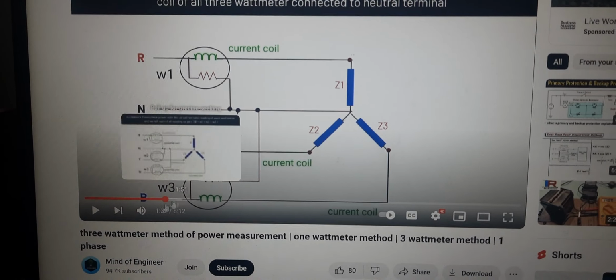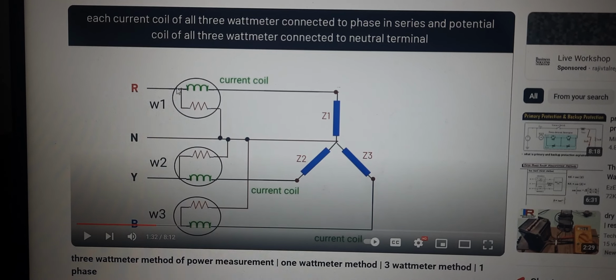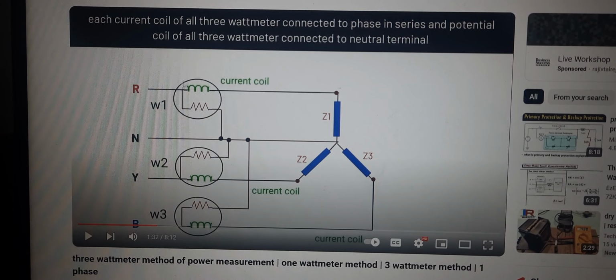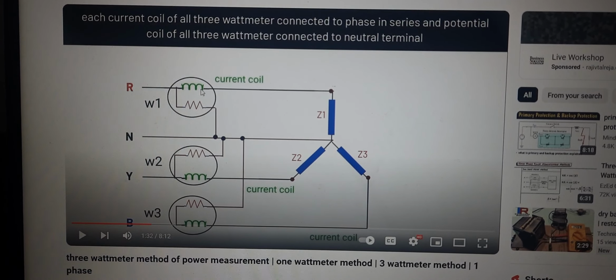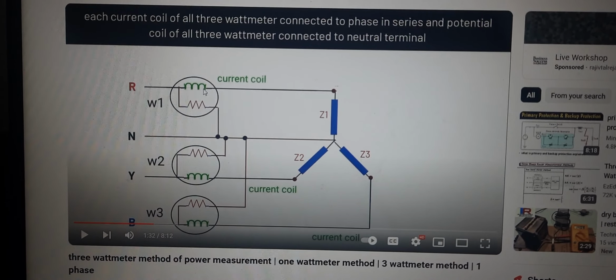The neutral, we can connect a coil like this, but normally there is no current in the neutral. But in case of unbalanced load, there will be current. So this is the load. So this is our understanding. Now, if there is no potential coil, if the PT fails, or the CT fails because of CT open circuit or short circuit at the TTB, then the power measured by the blue one, because this is actually a multiplication of I and V, will be zero.